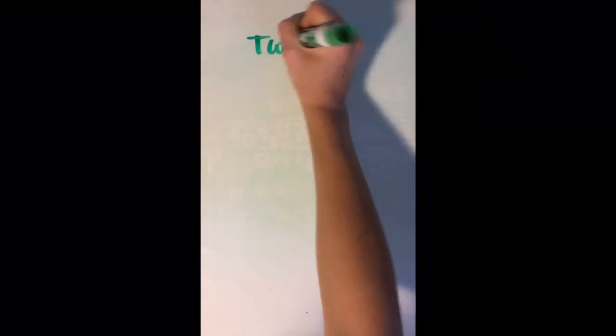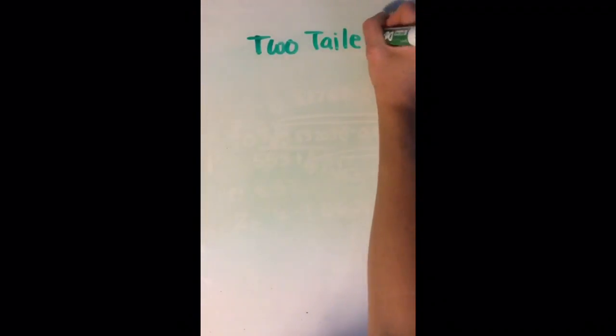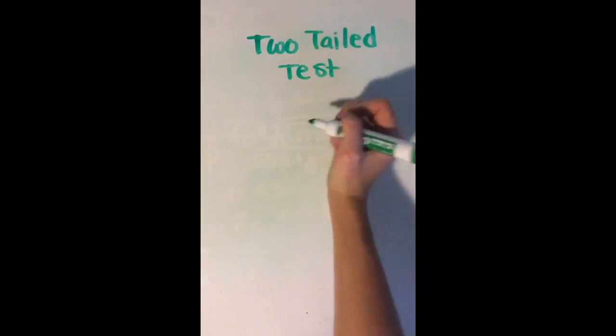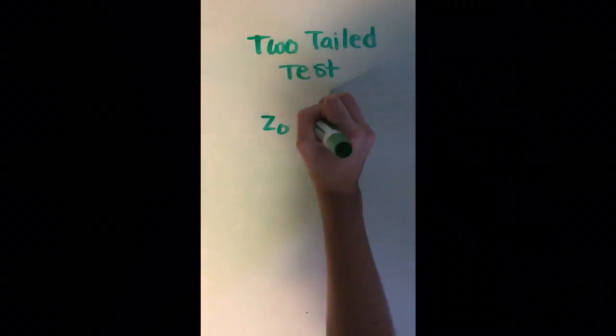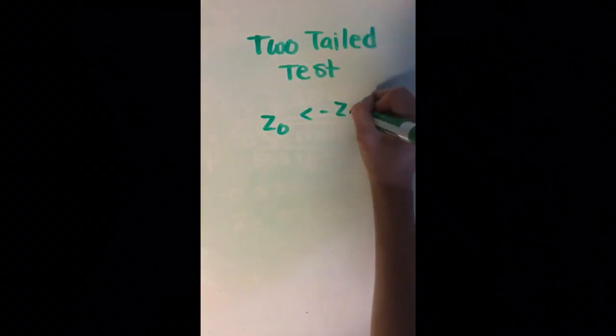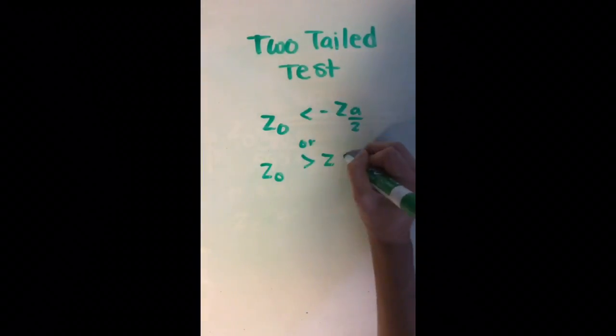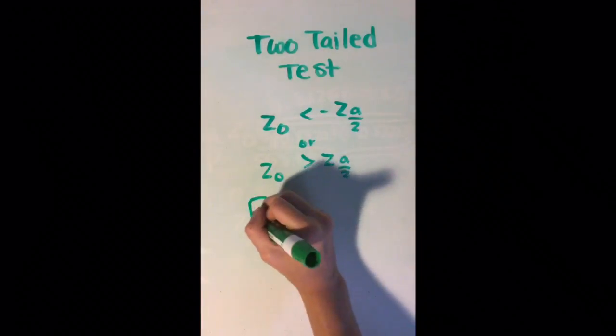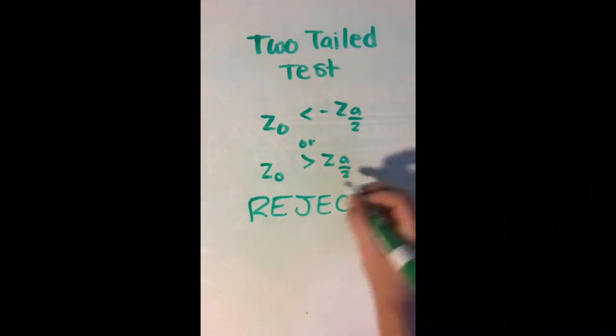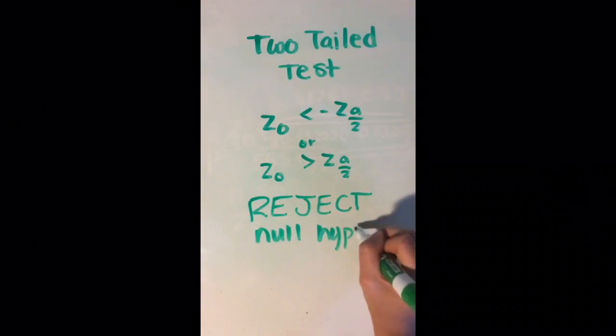Since the alternative hypothesis was p1 does not equal p2, this is considered a two-tailed test. For a two-tailed test, if the z-value is less than negative z of α divided by 2, or the z-value is greater than z of α divided by 2, we must reject the null hypothesis.